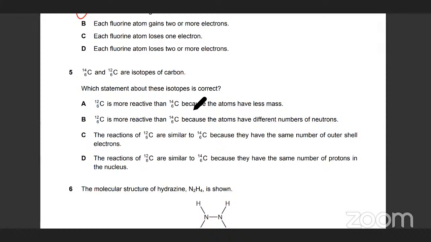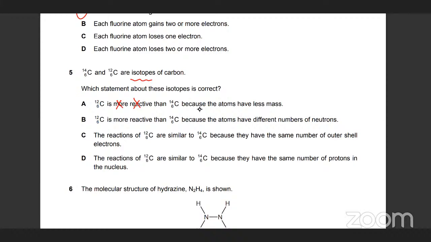The same chemical properties. Remember, isotopes are always identical. They are exactly the same element, so they behave in exactly the same way. So more reactive, that's... But the physical properties vary, right?